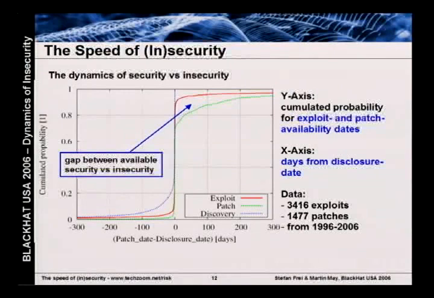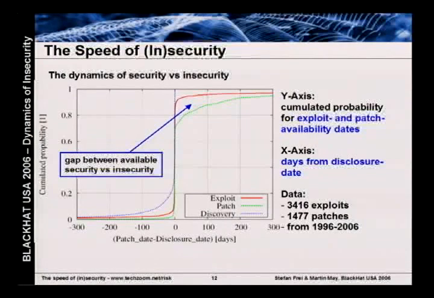So most interesting is now if we compare the speed of security and the speed of insecurity. We did it here for all the data we had for the last 5 years. The red curve shows the speed of insecurity, the availability of exploits, and the green curve shows the speed of security, the availability of patches. Unfortunately, the red curve is always above the green curve, so we see, especially after the disclosure date, that exploits are made available much, much faster than patches.